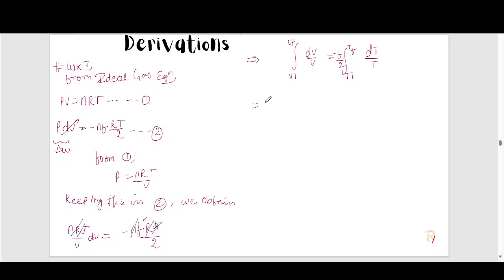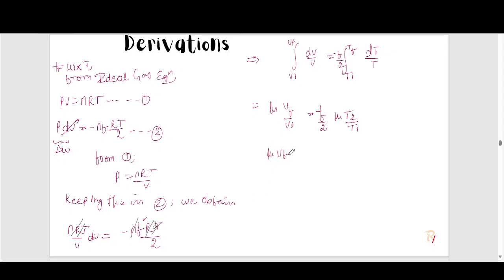Therefore, ln of V final by V initial gives us minus f by 2 into ln of T2 upon T1.